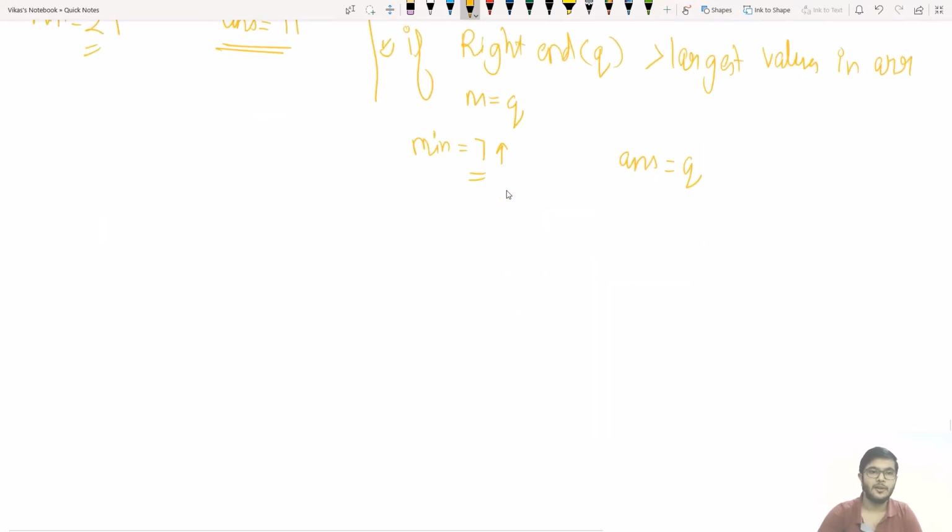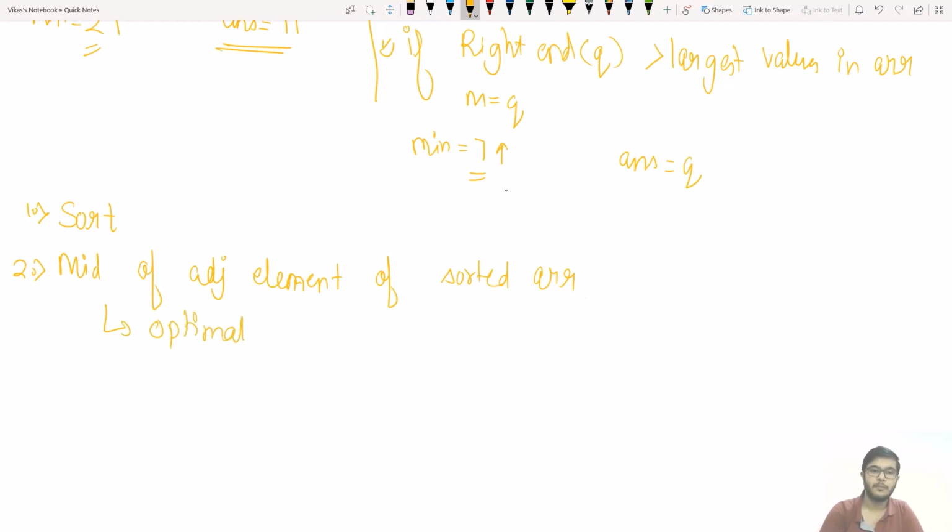Now let's write the algorithm again. So first point is sorting. Second point is calculating the mid of adjacent elements of the sorted array. That is our optimal M. Third point is checking the condition: if my left end, that is P, is smaller than the smallest value in the array.